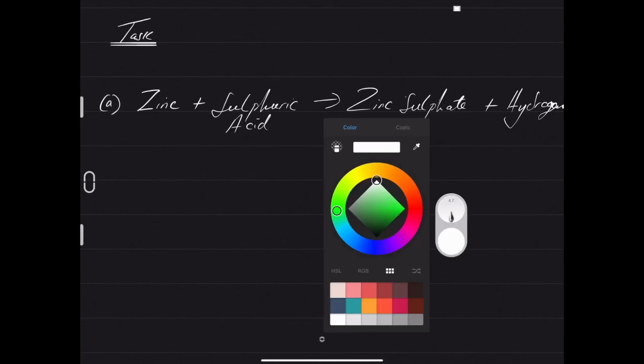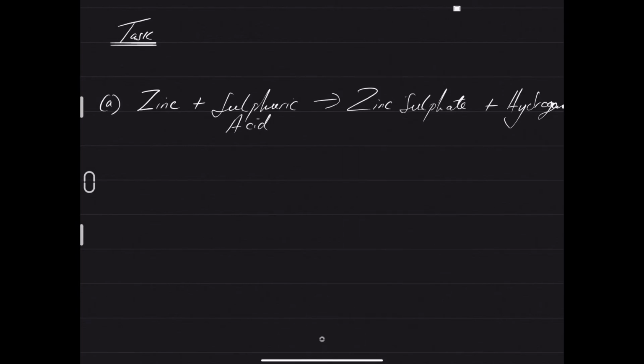Your balanced chemical equation, symbol equation, should have been this: Zn solid plus H2SO4 sulfuric acid aqueous gives zinc sulfate, again aqueous, plus hydrogen gas, H2 gas.